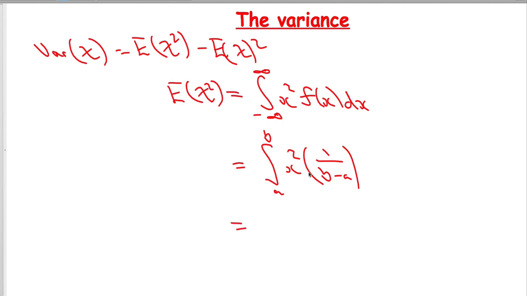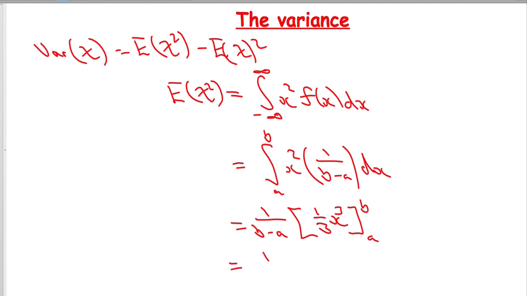Just to tell you, this is not the proof they have in the book, but I do prefer this one. So again, 1 over b minus a is constant, so I can factor that out. So it's 1 over b minus a into 1/3 x cubed, because I'm integrating x squared, evaluated between a and b.